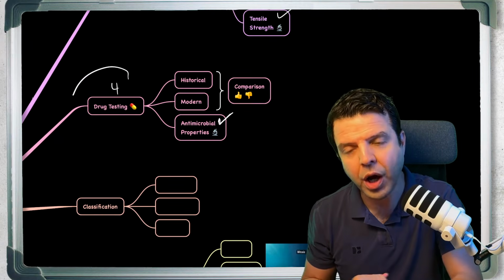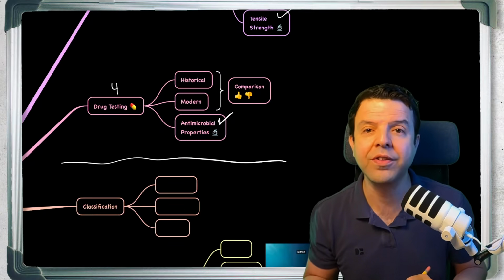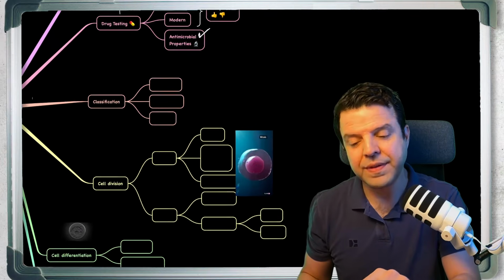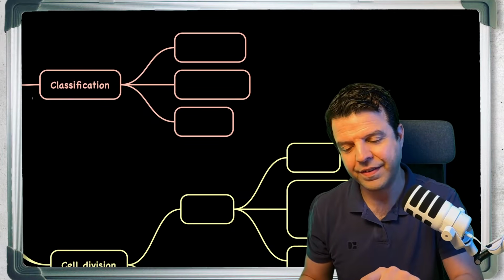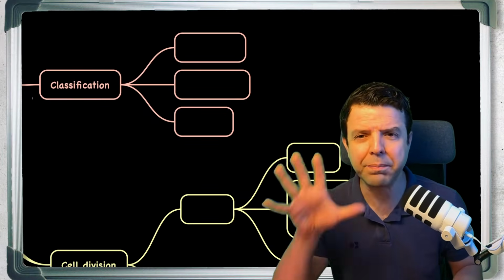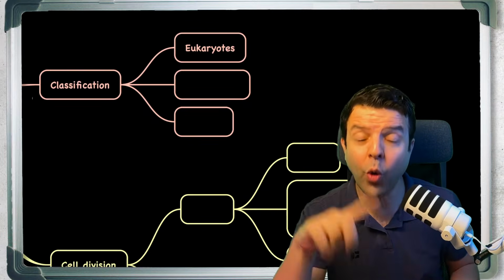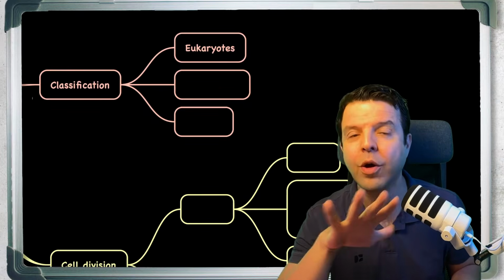You're done now with drug trials and you're nearly 50% done with this unit. Then comes a mini topic about classification. We did this in IGCSE. Here it is a bit more advanced. You classify all forms of life, not only animals, not only plants, all forms of life.